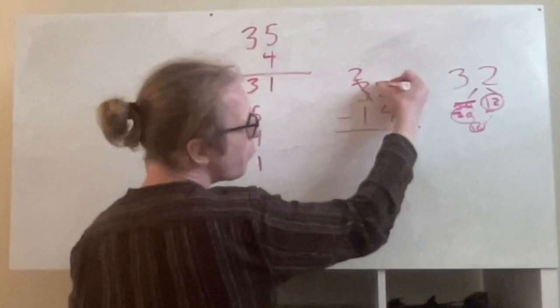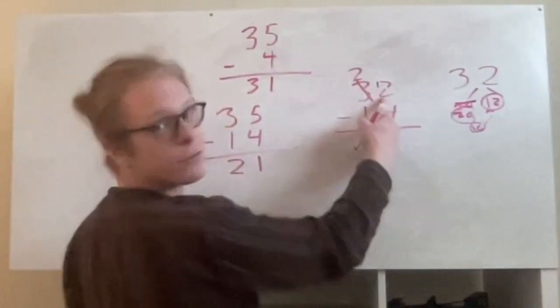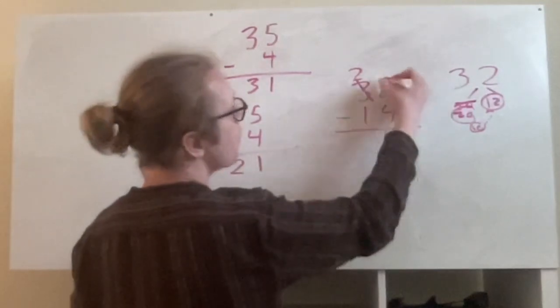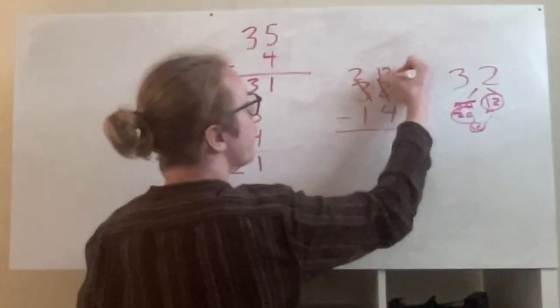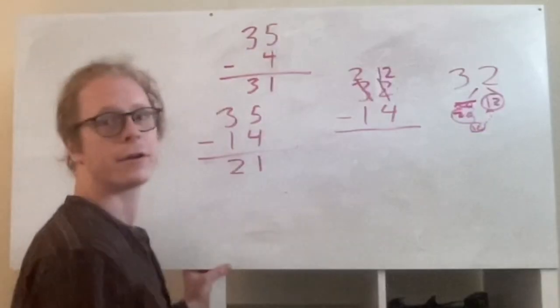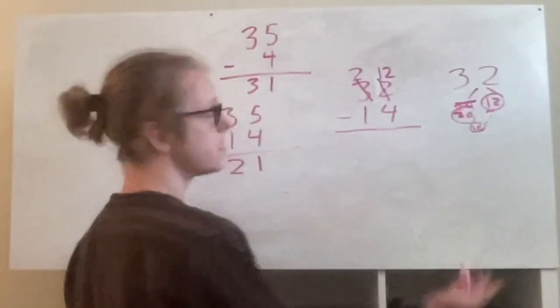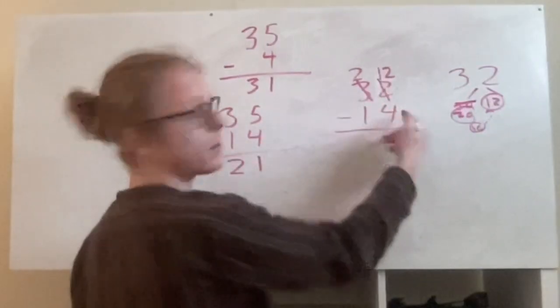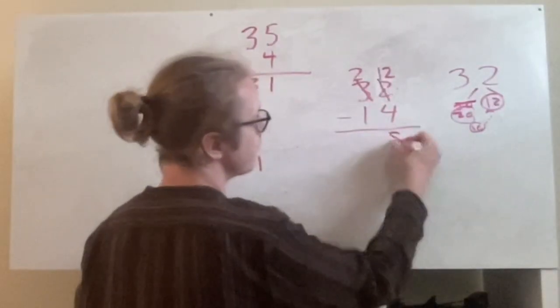I could either put the 1 right here in front of the 2, so I see it's a 12, but if that's not clear enough, you can also cross off the 2 and just write 12 up here. Now we return back, we fixed the problem. 12 minus 4, I can do it. That's 8.